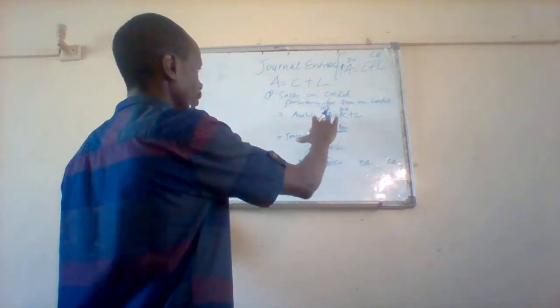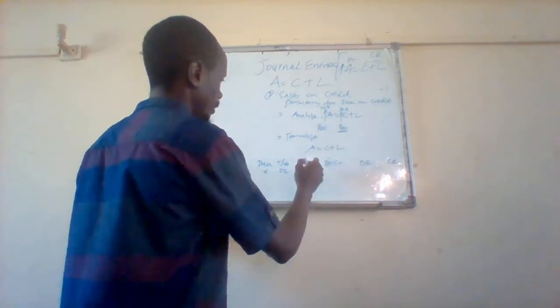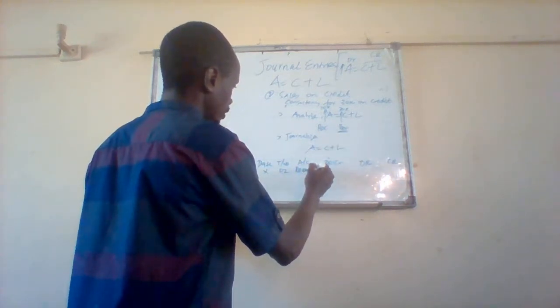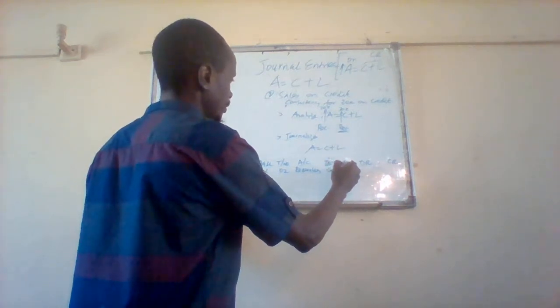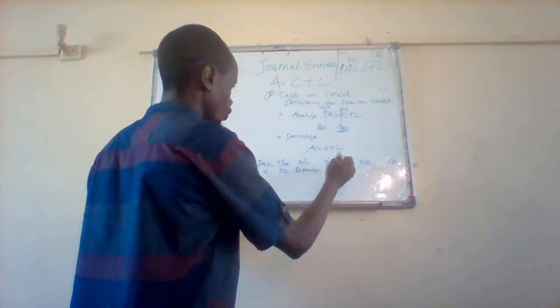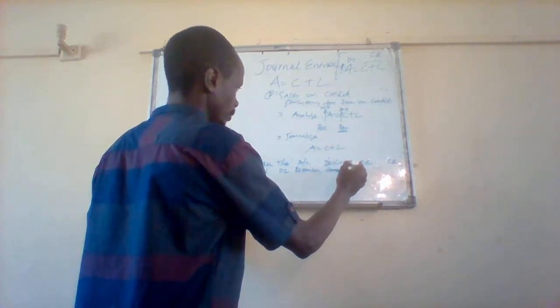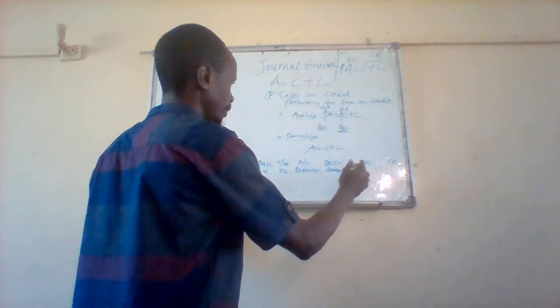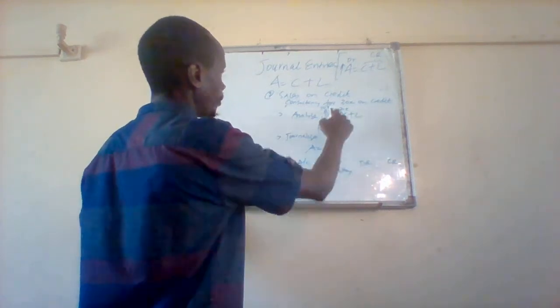We will start with receivables account, but you can start with revenue. Doesn't matter. Receivables. Then this is sales, or let me call it consultancy. Consultancy services. Then we debit the receivables account by, how much was it?